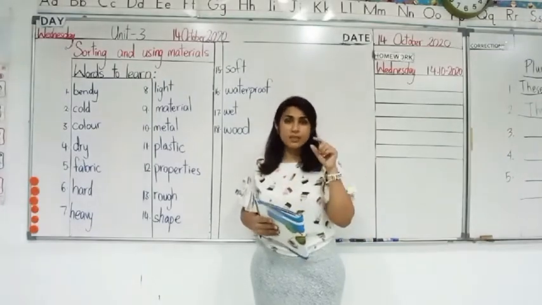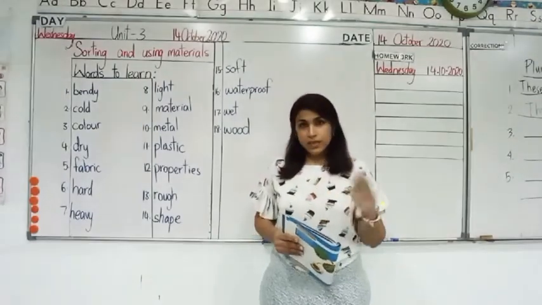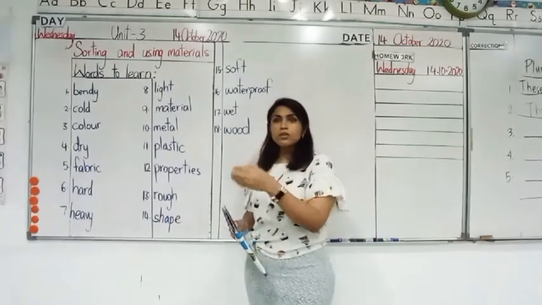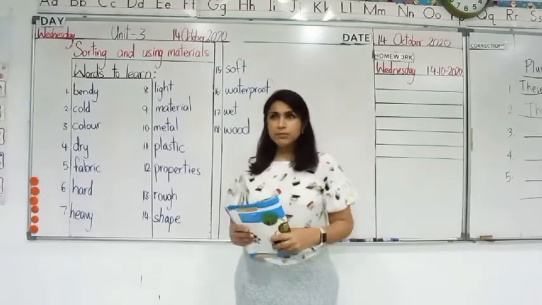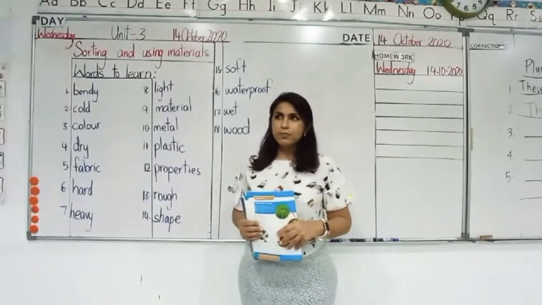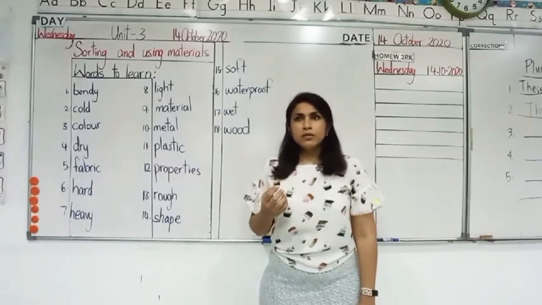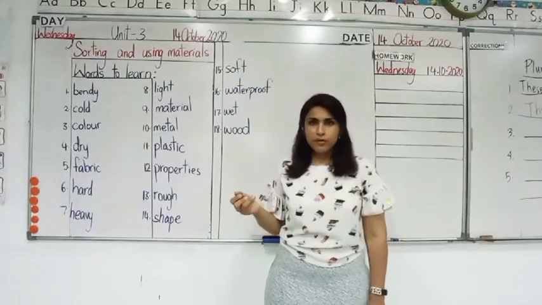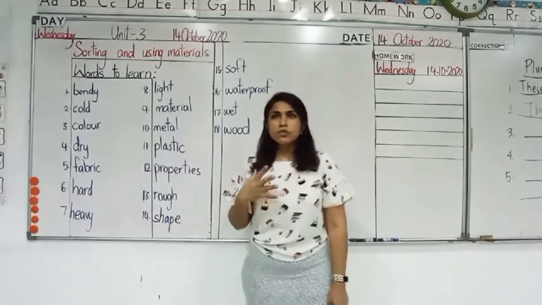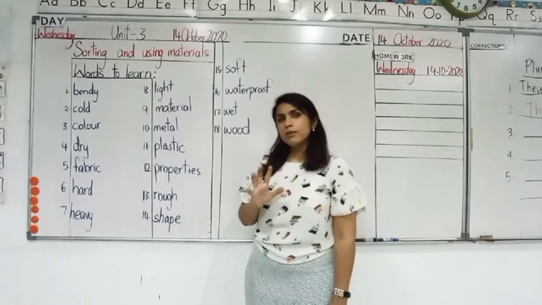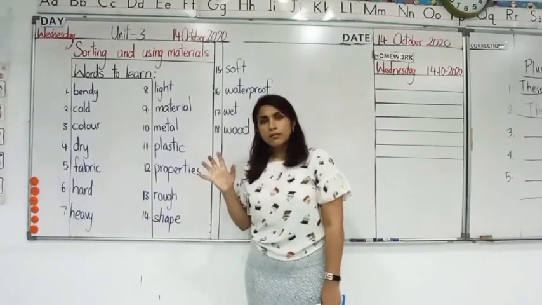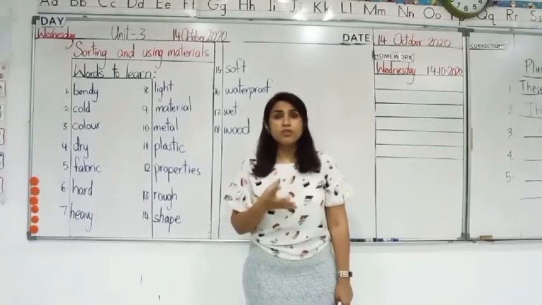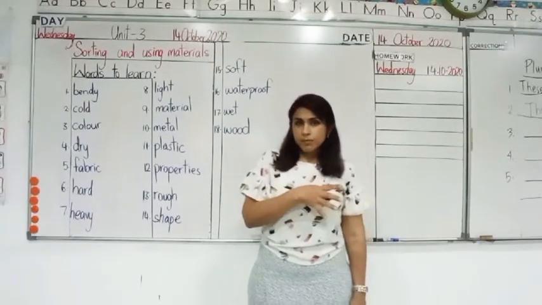Sorting means you separate things according to their characteristics. For example, when you go grocery shopping to a mall, the things which are heavy and hard, you put them in one bag, and the things which are a bit soft and fragile, like bread and eggs, you put separately.